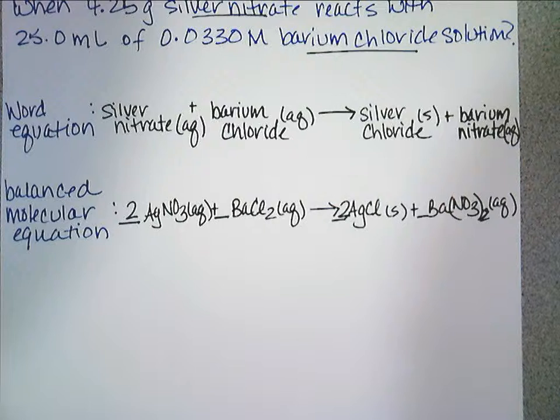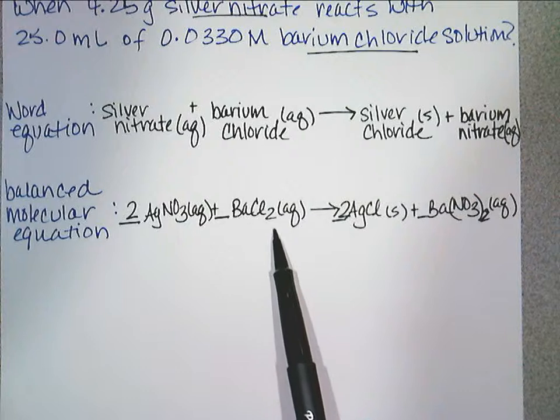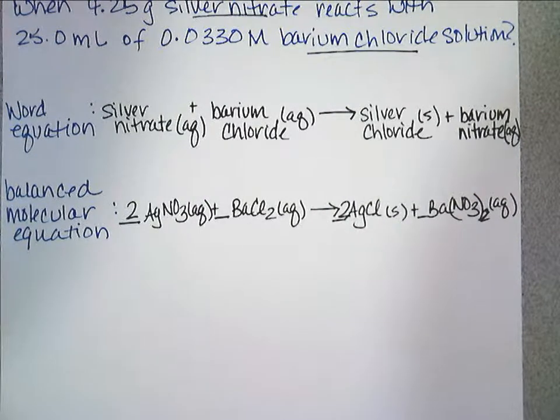So now we want to calculate the mass of silver chloride that will be produced theoretically and identify which of the reactants, AgNO3 or BaCl2, is limiting how much AgCl can be produced.